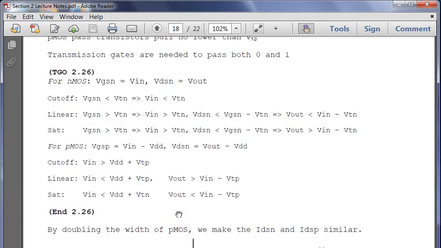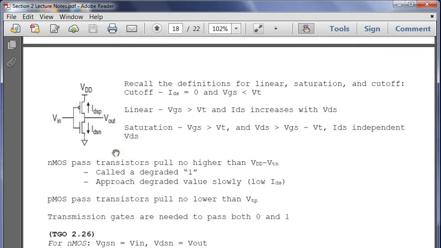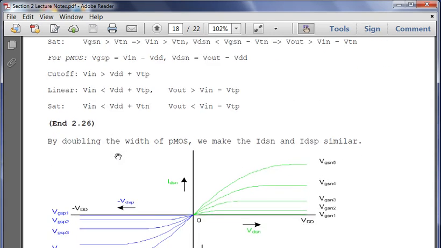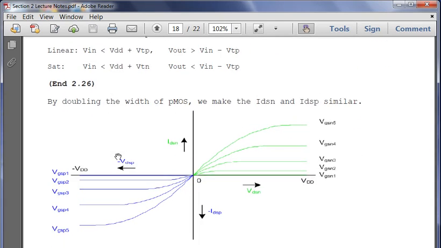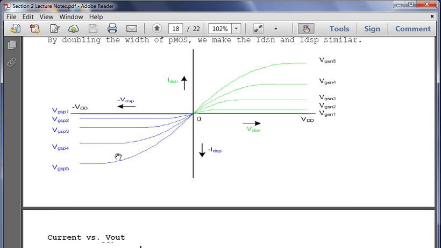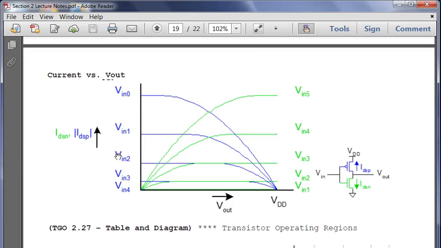And when we're talking about IDSN and IDSP, you see that they're actually in different directions. We have positive and negative current. So when we compare IDSN and the absolute value of IDSP, we get this in the ideal situation.